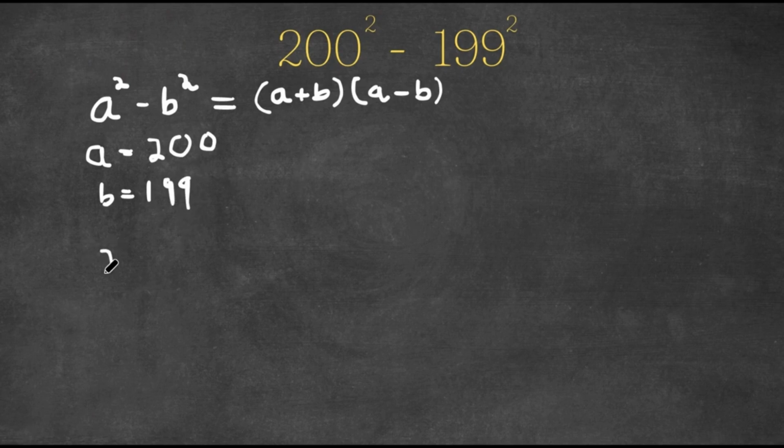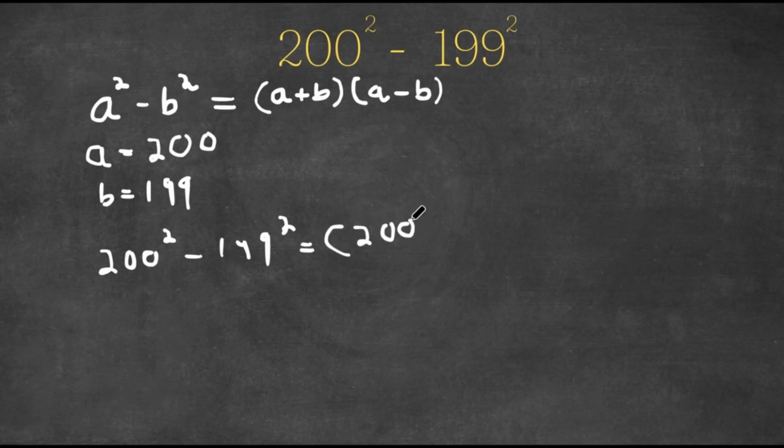So, meaning 200 squared minus 199 squared is equal to 200 plus 199 times 200 minus 199.